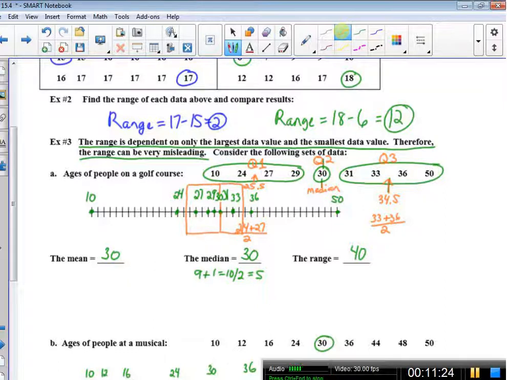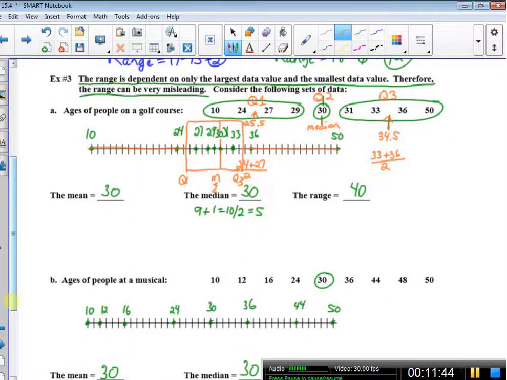And then a whisker goes out to the 10 and goes out to the 50. So here's quartile 1, here's the median, and here's quartile 3. And that gives you a little bit of an idea of where most of the data is, within that box.